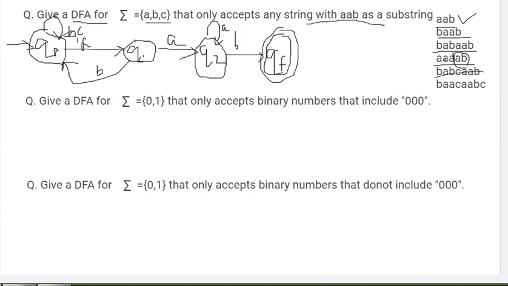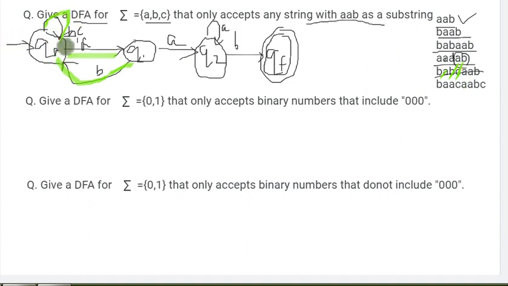Q0 state, B is coming, B is coming, B is coming, it will be in the Q0 state. Q0 state, A is coming. If A is coming, it will move to Q1 state. See, here it will move into Q1 state. Here in Q1 state, what is my next input? It will be B. So B means it is moving to Q0 state. From there, if the next input is C, okay, no problem.